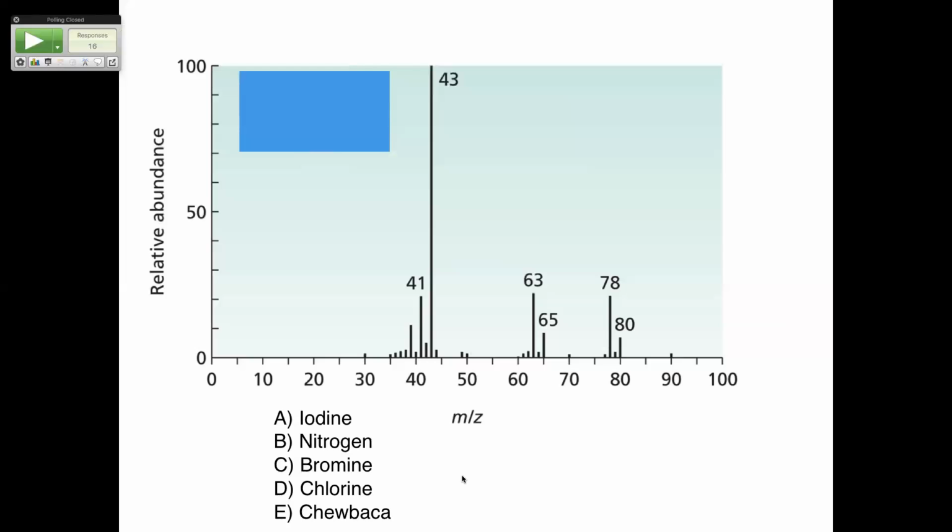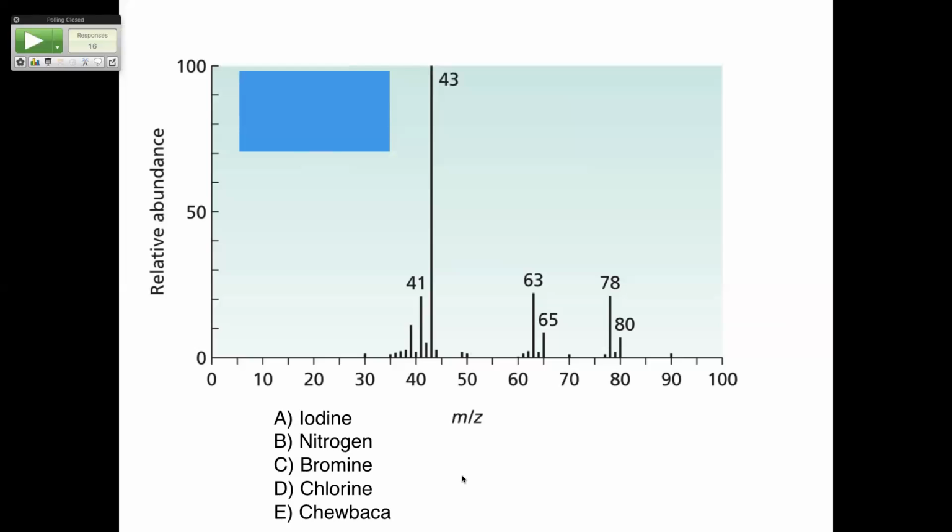So what's the 63 and 65? Any ideas? What's 78 minus 65? Good job. Quick math. 13, right? So you lost a carbon and a hydrogen from your molecule.